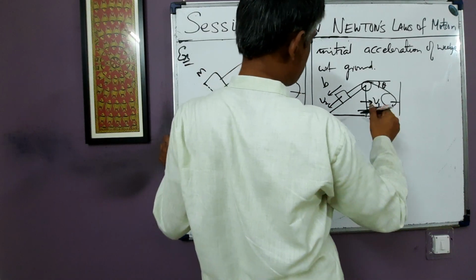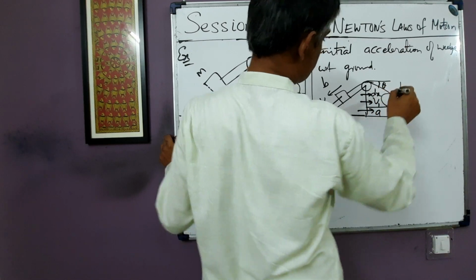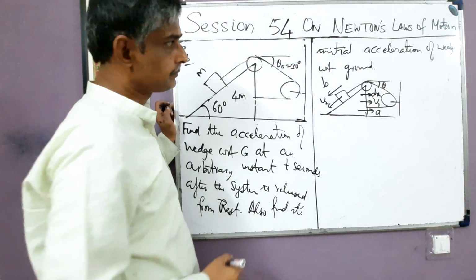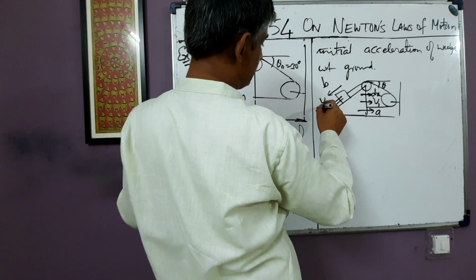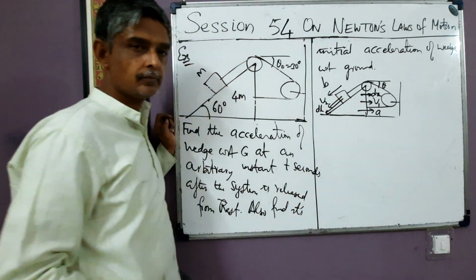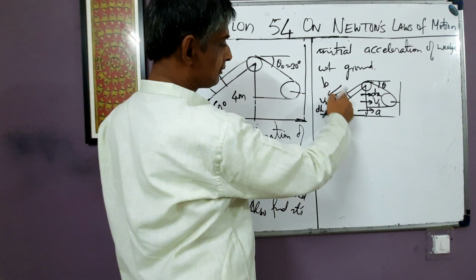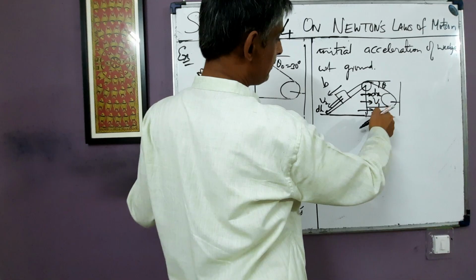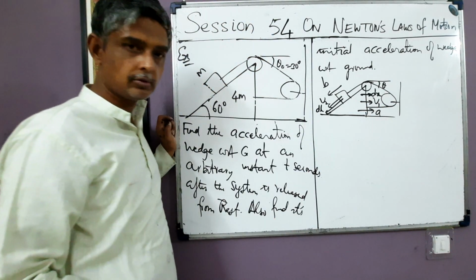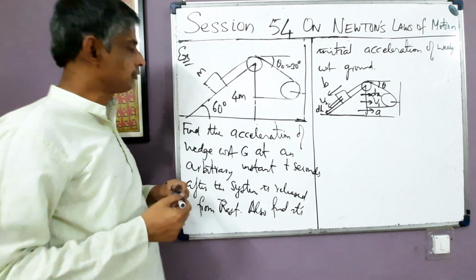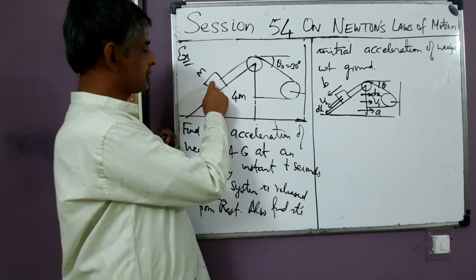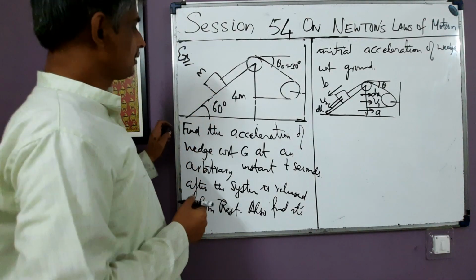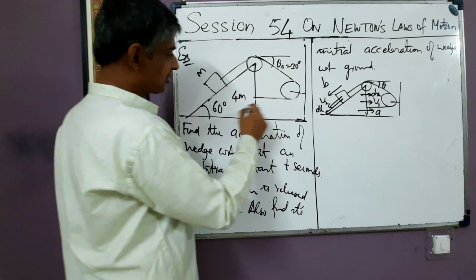And suppose in a small time interval the wedge gets displaced rightward by dx with respect to ground, and the block moves dl with respect to the wedge down the incline. So b, v2, dl are all with respect to the wedge, and dx, v1, a are all with respect to ground. Now first I'll draw the free body diagram of this M, in the frame of the wedge. The wedge I'll denote by W.